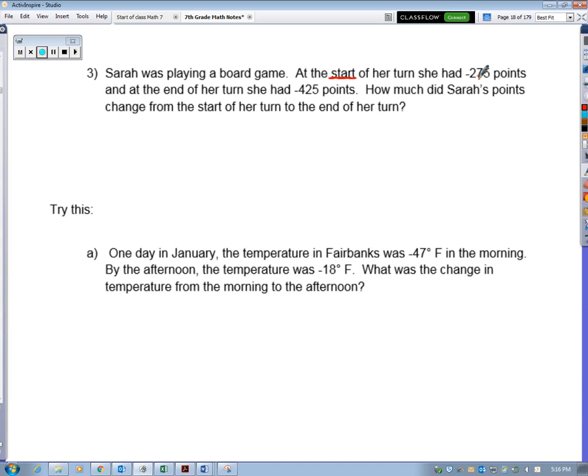At the end of her turn, oh, sweet. There's the end, the final. She has negative 425 points. Oh, she is doing worse than before. Alright. How much did Sarah's points change from the start of her turn to the end of her turn? Okay. Here's our keyword for subtraction, the change.